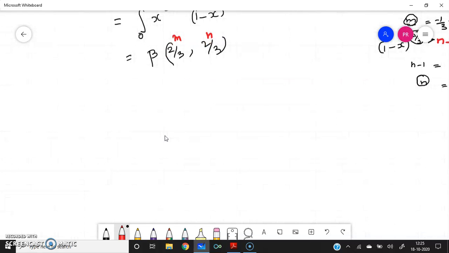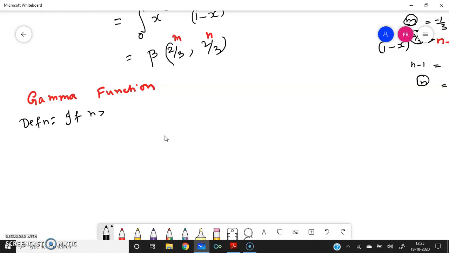Next comes the gamma function. What is a gamma function? Like a beta function, there is also a gamma function. Okay, we'll see what a gamma function is. These two functions are useful in finding the beta distribution and gamma distribution. They will be very helpful. What is the definition of the gamma function?